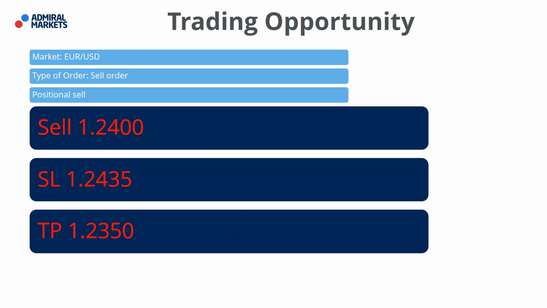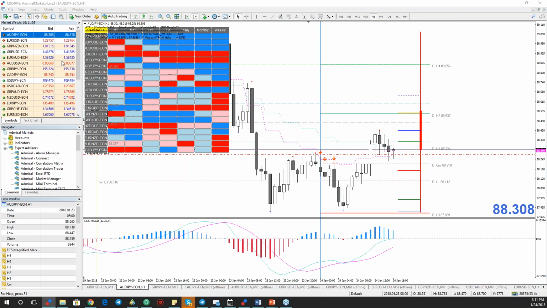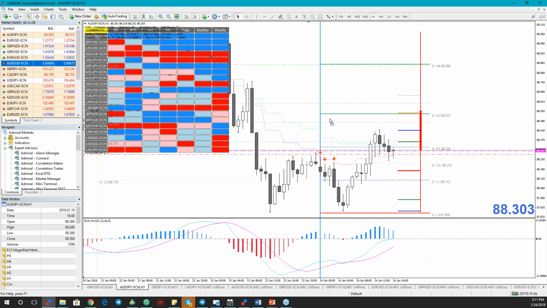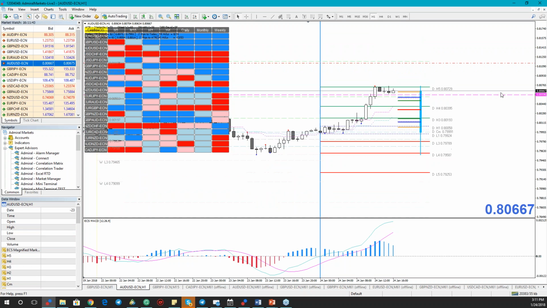Protect your trade. Australian dollar also, guys. Okay, Australian dollar. I have a pending sell on Australian dollar. And that sell is actually here. Pending sell trade 81.15. And of course, I'm still running dollar CAD.